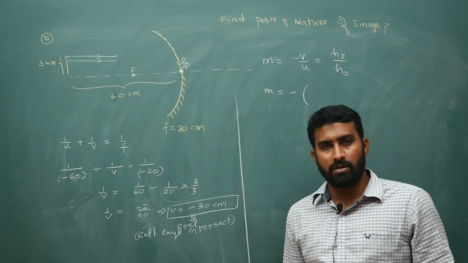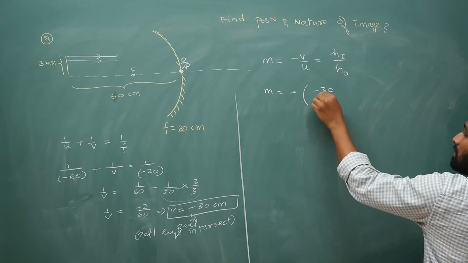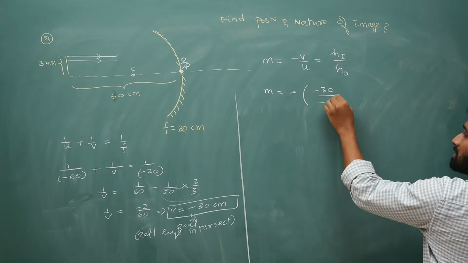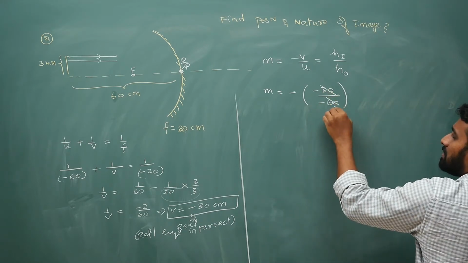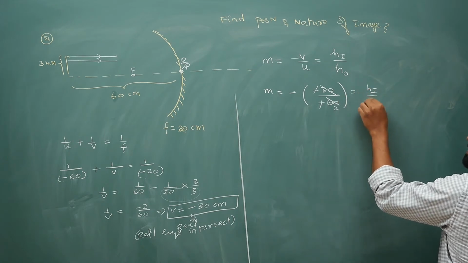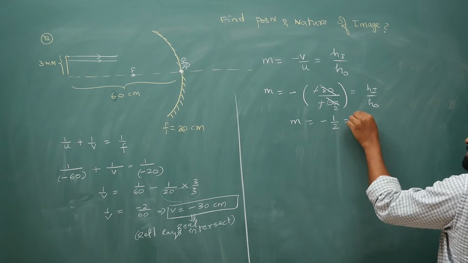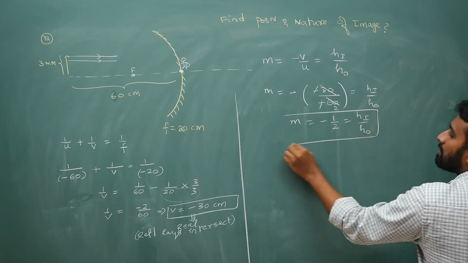Sign convention you must follow. So v is minus 30, by u, the object distance, minus 60. The minus signs cancel off, and that is equal to height of image by height of object. So we are getting magnification as minus 1 by 2 is equal to height of image by height of object.